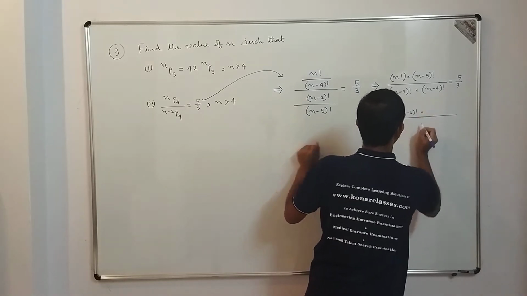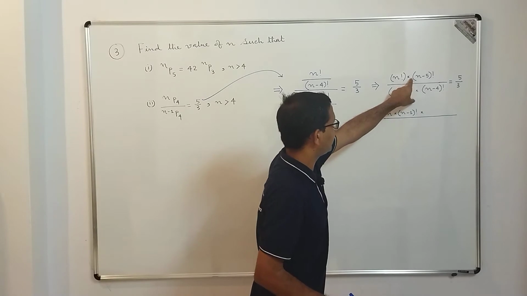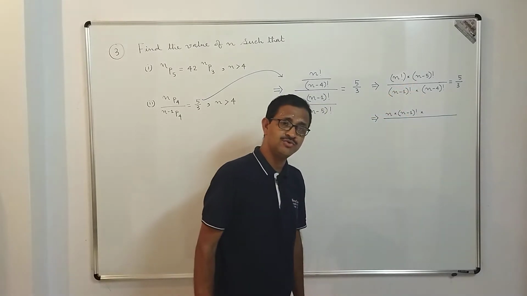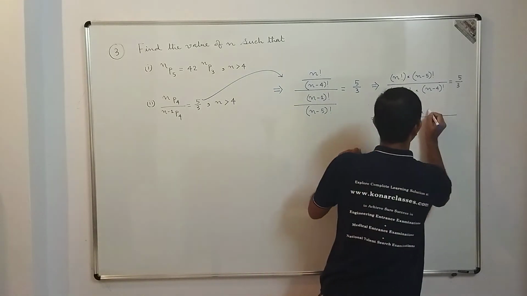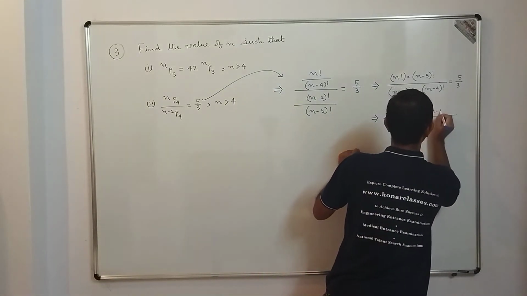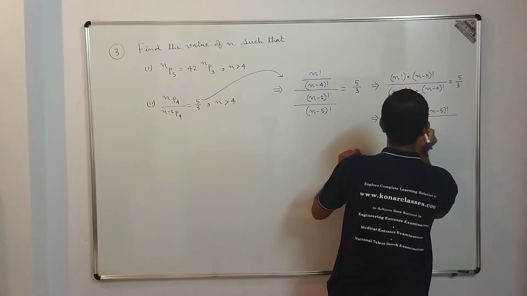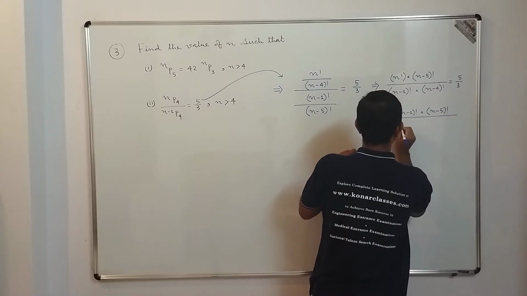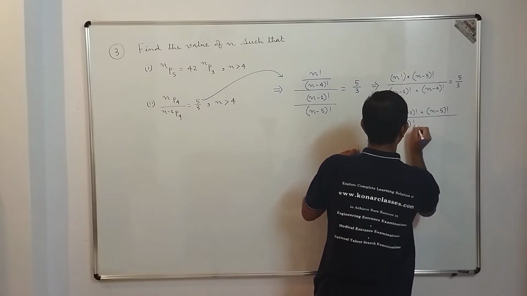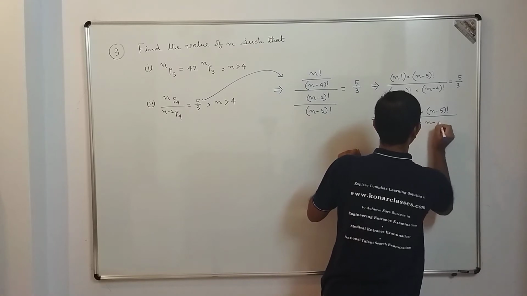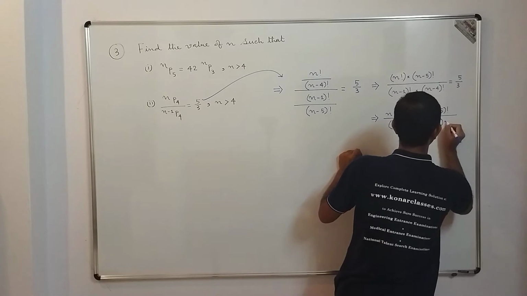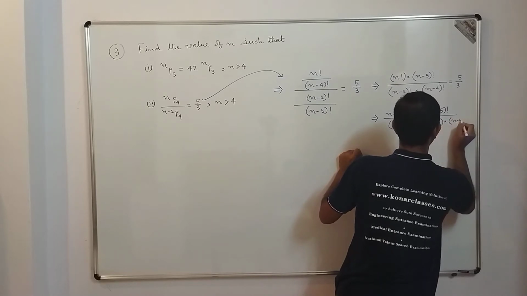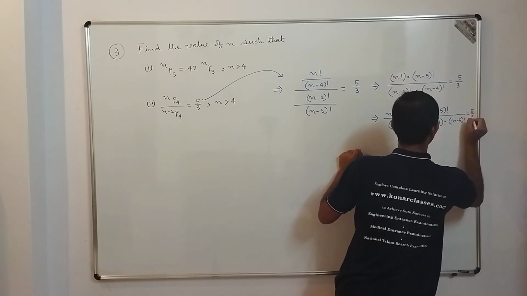And between n minus 5 factorial and n minus 4 factorial, which one is larger? n minus 4 factorial is larger. So we should keep n minus 5 factorial as it is in the numerator, rather in the denominator. After keeping that n minus 1 factorial, we should break n minus 4 factorial as n minus 4 into n minus 5 factorial is equal to 5 by 3.